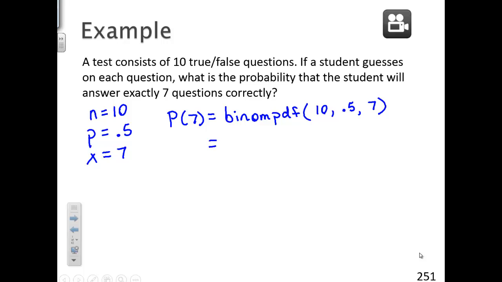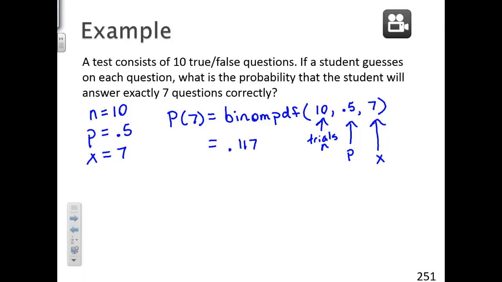That's going to give me a solution of 0.117. I'll show you how to do that on the calculator in just a moment, but just remember, when I'm writing this down, the first value in my list is the number of trials. The second value in my list is the probability value, and the third value in my list is the x value. So n, p, and then x. So our answer is going to be 0.117.